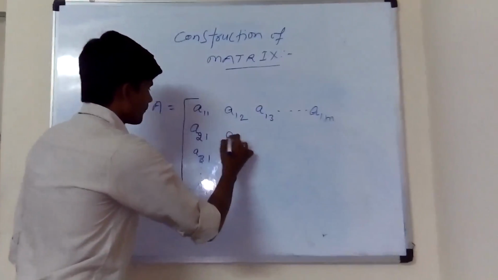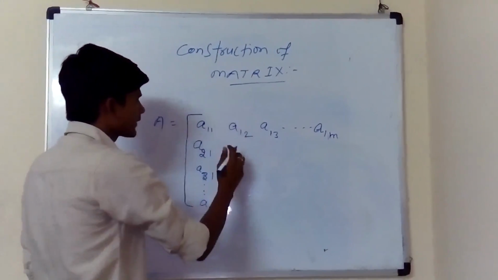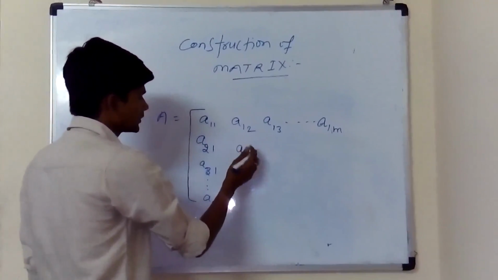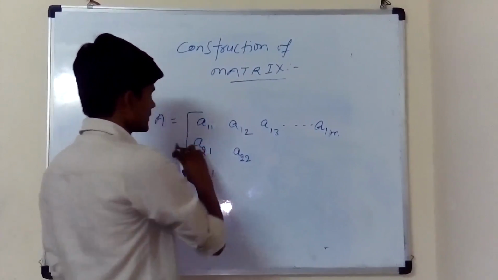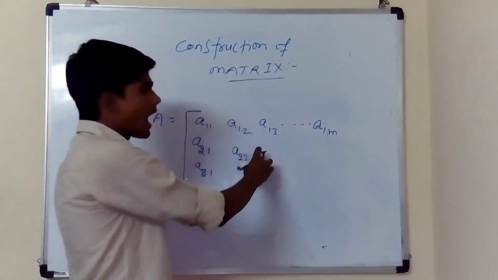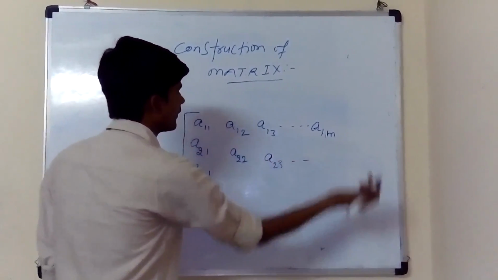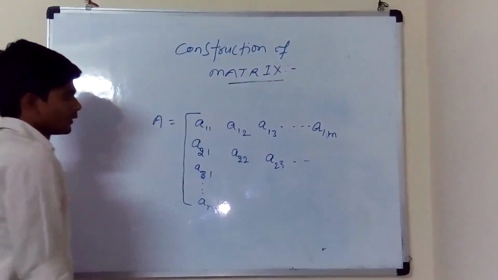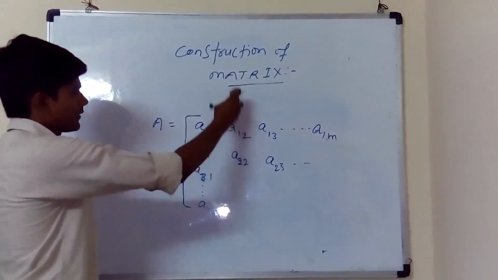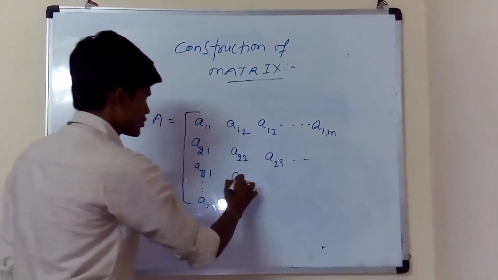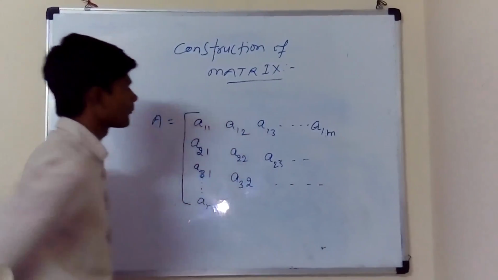This is the second row and second column, so the position of the element is A22, and this is the second row and third column, so A23 and so on. This is also the third row and second column, so A32 and so on.